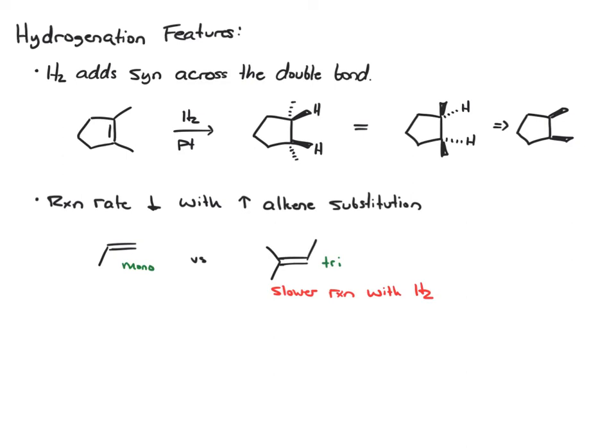And that just has to do with the alkene coordinating to the palladium catalyst for that hydrogenation step. When there's more things around the alkene, it makes it more difficult for it to get into close proximity with the metal. As opposed to less substitution, this more easily coordinates to the metal.